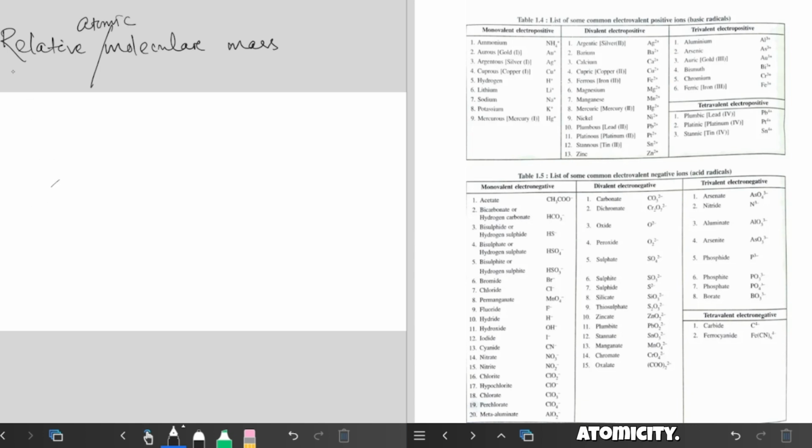Look, relative means when you are comparing any known quantity with an unknown quantity, or any unknown quantity with a known quantity. Basically you are comparing when the term relative comes, right?